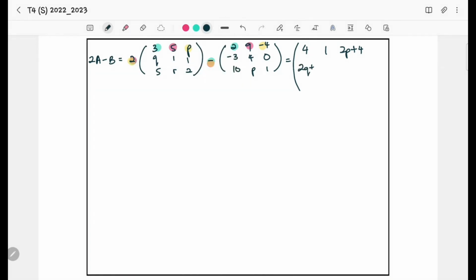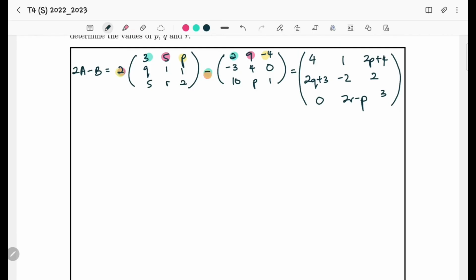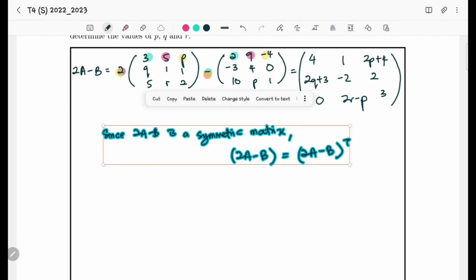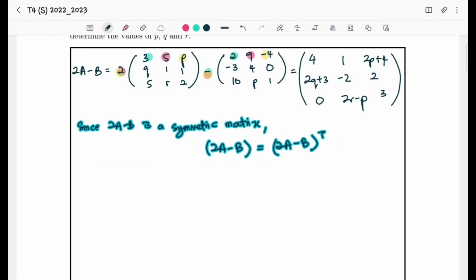So 2Q plus 3, negative 2, 2, 0, 2R minus P, 3. Since 2A minus B is a symmetric matrix, then 2A minus B is equal to its transpose.